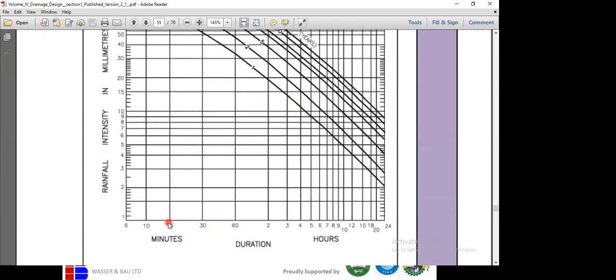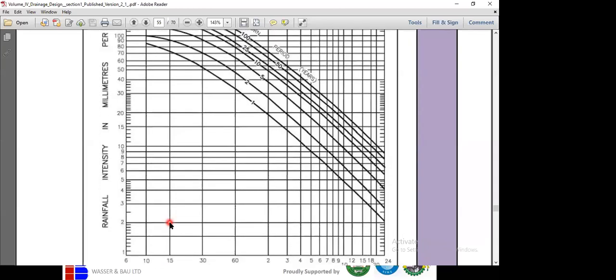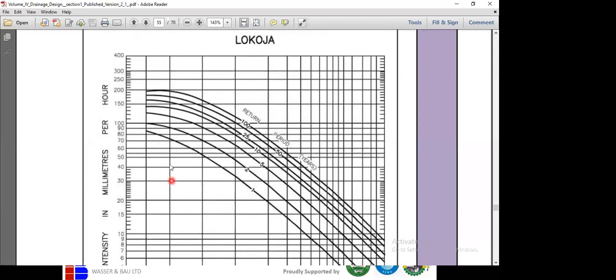So let me use 5 years, because anything from 10 years should be flood design. I'm designing just for drainage, simple drainage. So for 15 minutes against 5 years, Abuja is about 120. I was saying 100 yesterday, so it's actually 100. Okay, 100 is for 2 years. That means for small drains. So can you look it up and then chat me up? Tell me what you got, please.